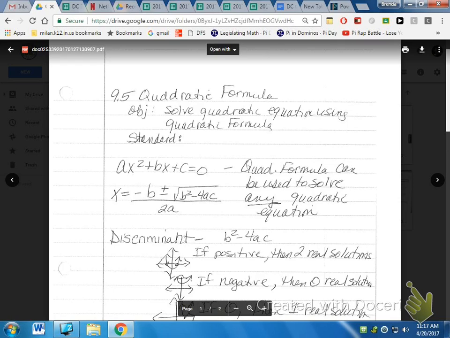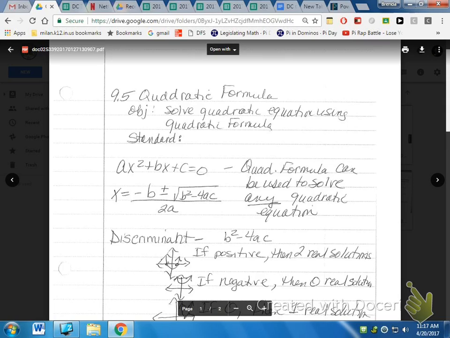To solve by using the quadratic formula, you use this: x equals negative b plus or minus the square root of b squared minus 4ac, all over 2a. Now, you see this part right here, plus or minus? That's how you get two answers. You've got to consider doing the positive of what's in the square root and the negative of it.